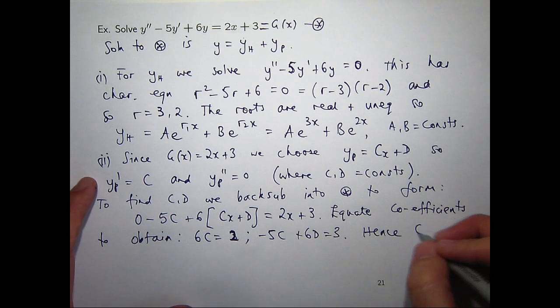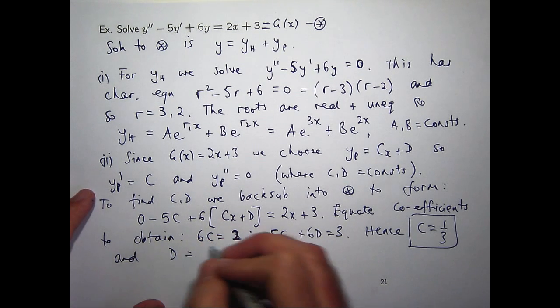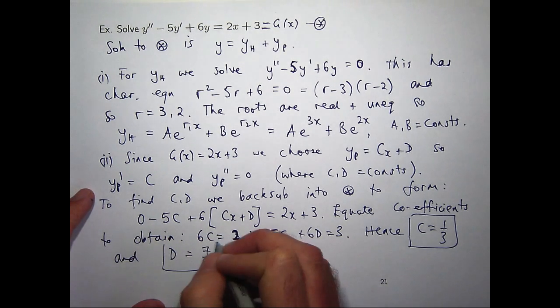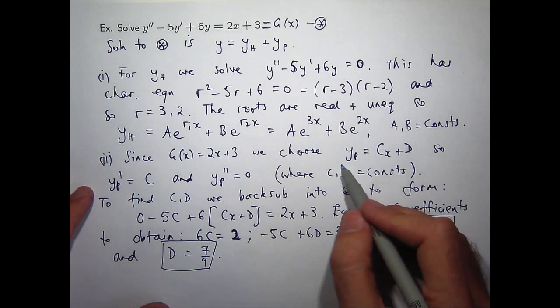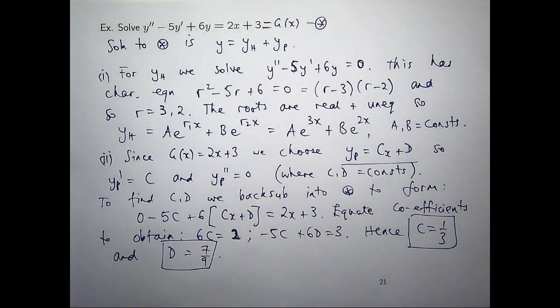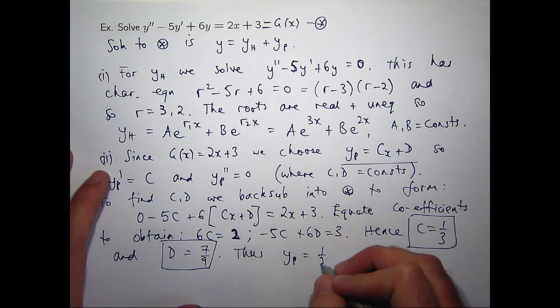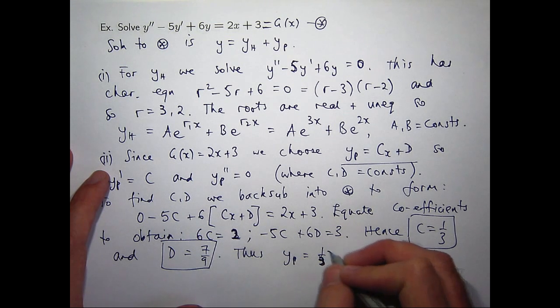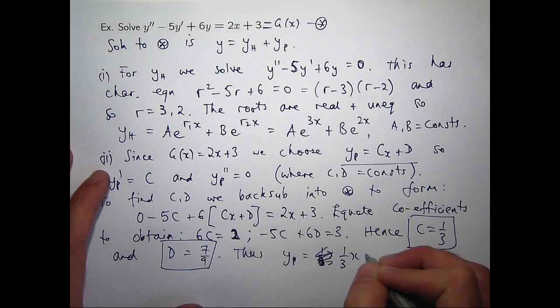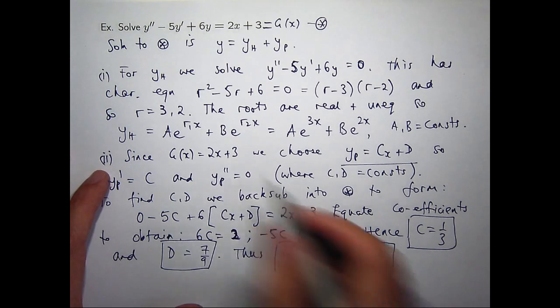And I can get d from the other one. Okay, d is 7/9 according to my calculations. Okay, so now for this particular solution, we've constructed the C and D so that this will actually be a solution to star. One-third. Okay, so there's my particular solution.